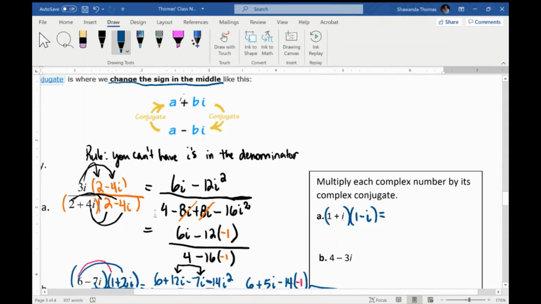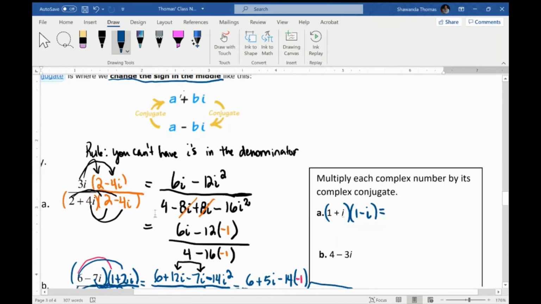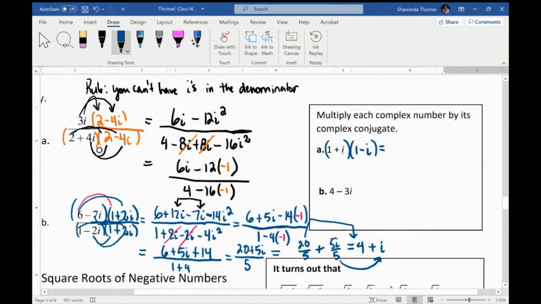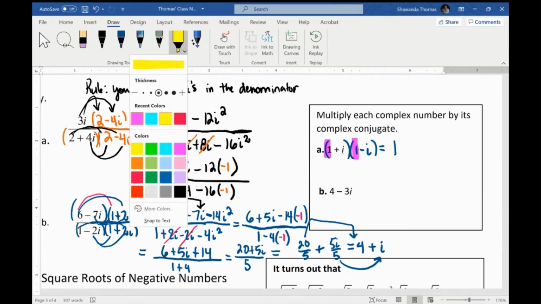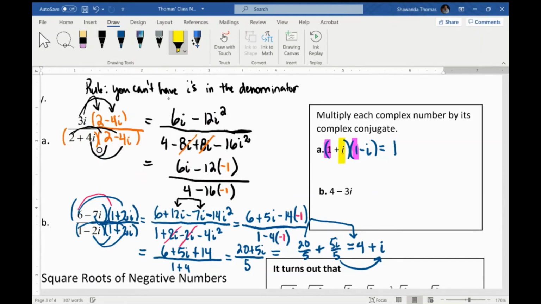All right, so again, I know these are complex conjugates, so I know the middles will cancel out. So I'm going to do my little shortcut. I'm just going to multiply 1 times 1 together. What does that give you? 1. And I'm going to multiply i times negative i together. What is i times negative i?